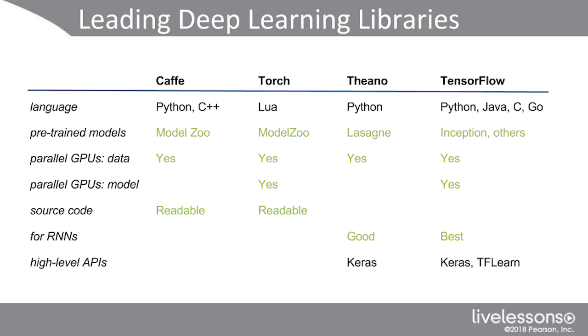And so Keras and TensorFlow are closely married together. TF-Learn, which stands for TensorFlow Learn, is also closely married with TensorFlow. Keras and TF-Learn have a similar kind of syntax, but Keras is more widely used, so that's what we used in these live lessons.